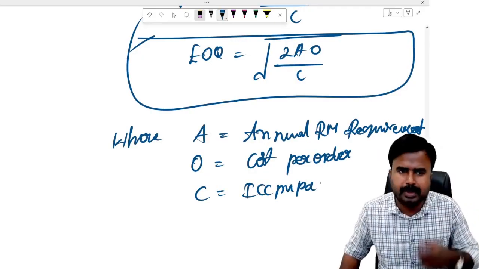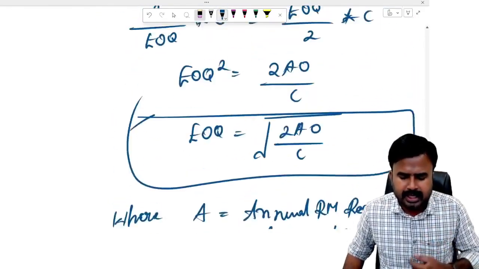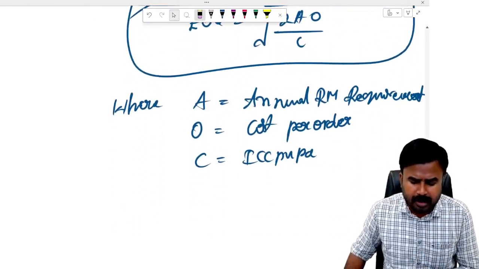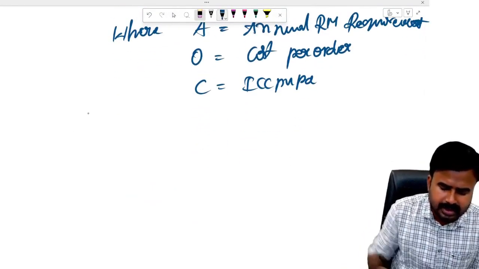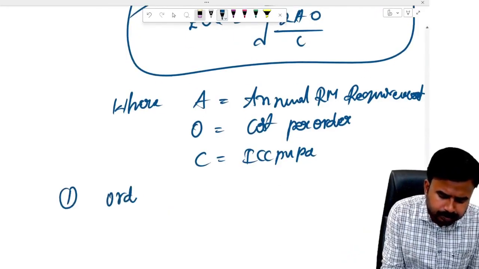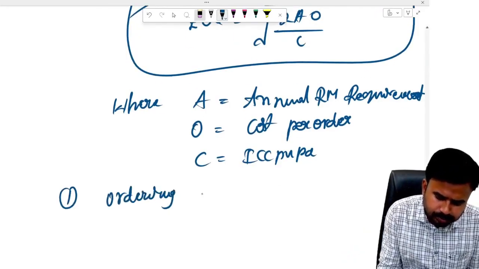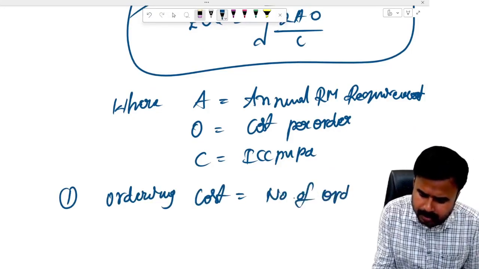Okay, I'm not writing this particular term fully. Yes, and also you need to remember a few formulas. Already I've given you. Ordering cost is equal to number of orders into cost per order.